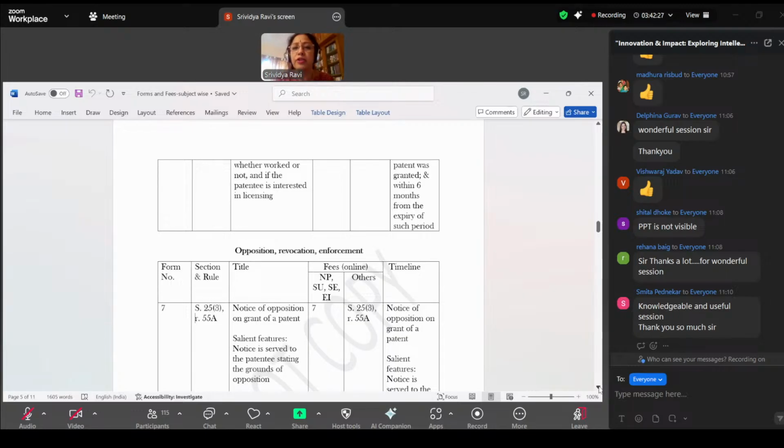What happens when competition comes in? Price goes less, right? And the buyer has more choices. However, if there is only one party, which is what happens in patent, it's a monopoly. Nobody else can enter the market.